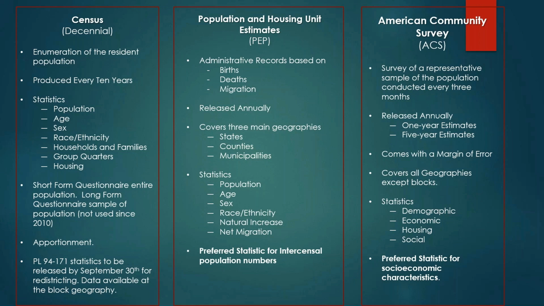For populations under 65,000, you would use the 5-year estimates as opposed to the 1-year estimates. The census explains that the difference between the ACS 1-year and the ACS 5-year estimates is like the difference between currency and precision. So we would recommend using the 5-year whenever possible.